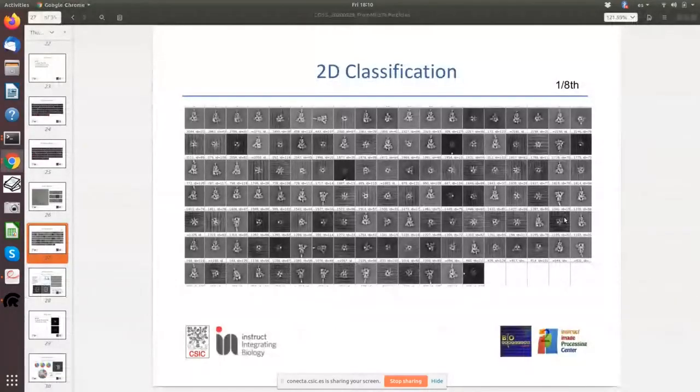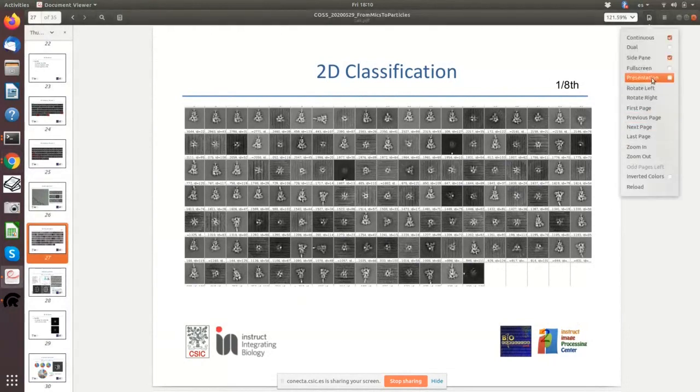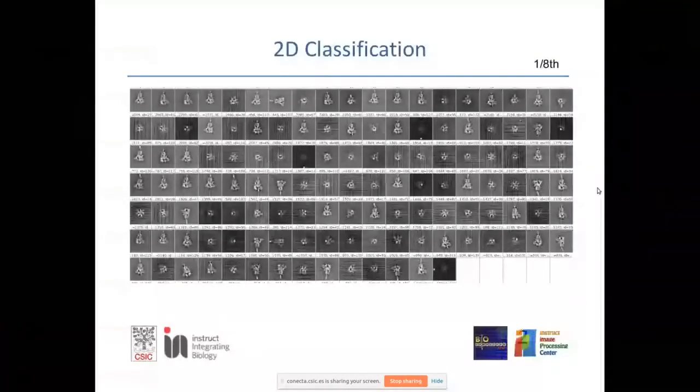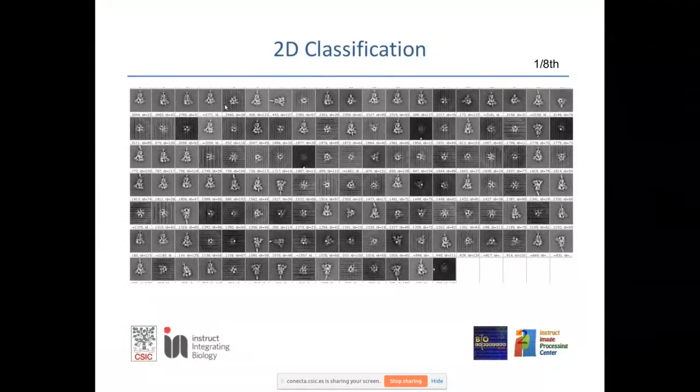Okay, so if you take the particles coming from CryoSPARC and align them with CL2D, then you see that many more classes have this pattern. So somehow the objective function of CL2D is more sensitive to this pattern, which is there.